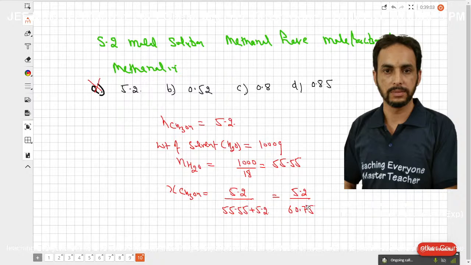When it is divided, sorry, it will be 0.0, not 0. So this value comes out to be approximately 0.085.